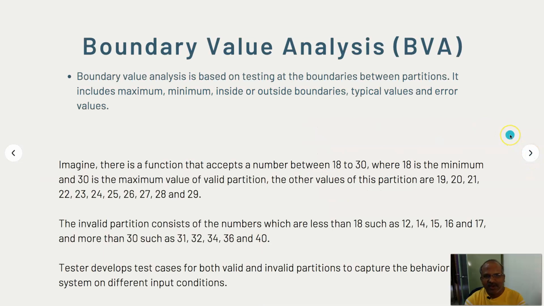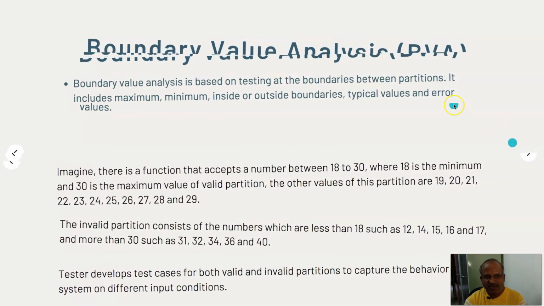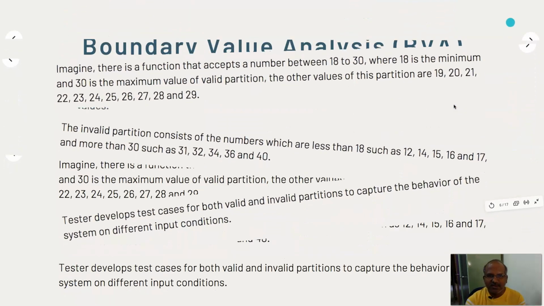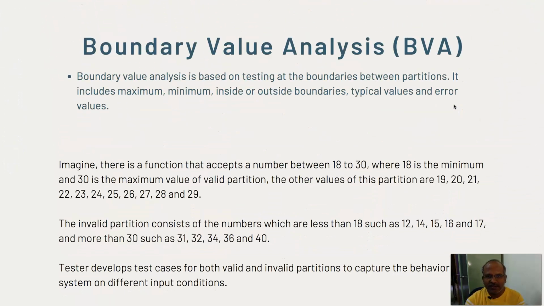So what is boundary value analysis? This is a very simple technique which ensures that you are covering the values around the boundaries. Most of the time in testing, the errors happen around the boundaries. That's why this technique was developed, to make sure you are testing the boundaries of different values.